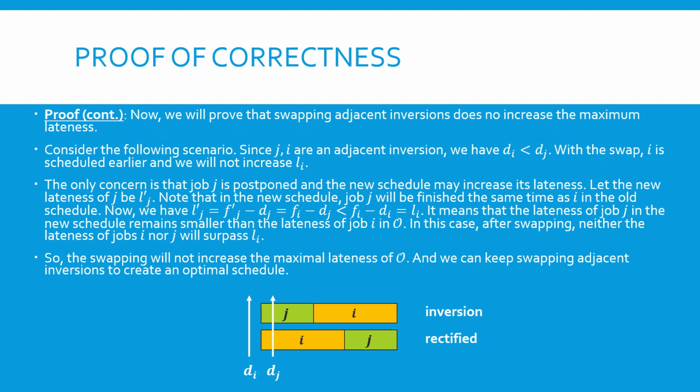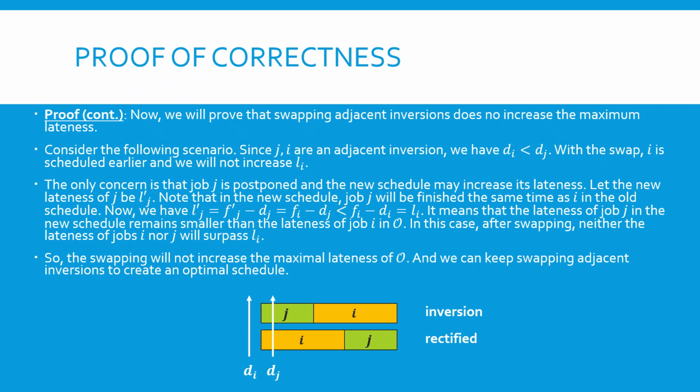After swapping the two jobs, job i starts earlier, so its finish time cannot increase. Therefore, i's lateness does not increase. For job j, it now finishes at the old finish time of i. So we have f'_j equals f_i.